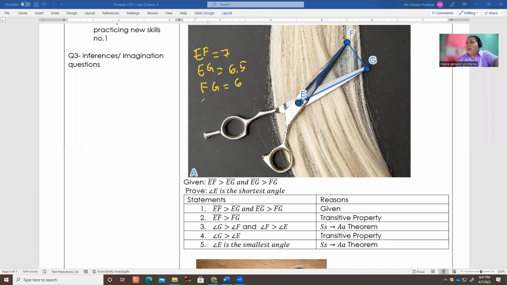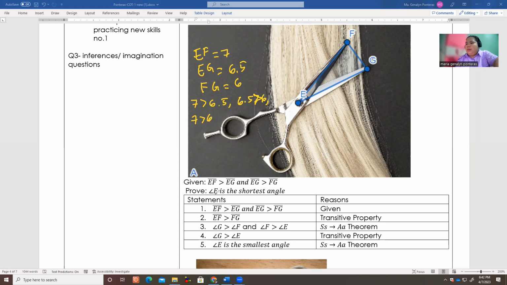So in inches. So if we're going to compare, 7 is greater than 6.5 and 6.5 is greater than 6. So we can say that 7 is greater than 6.